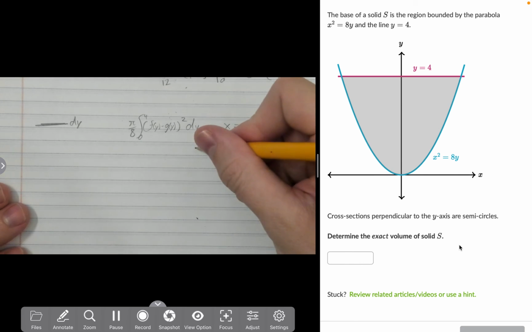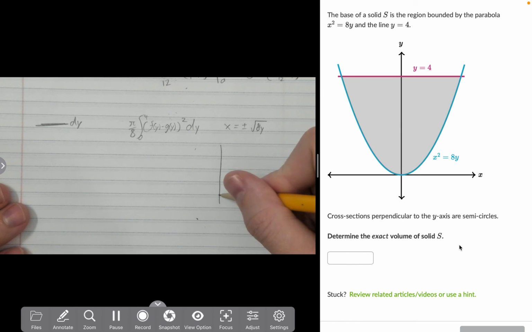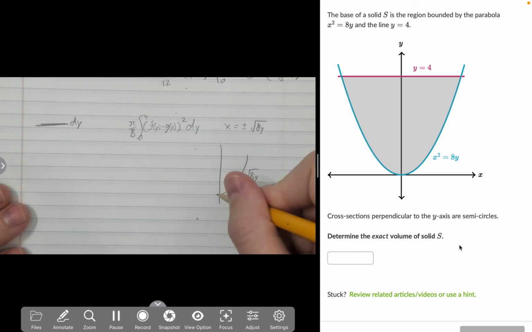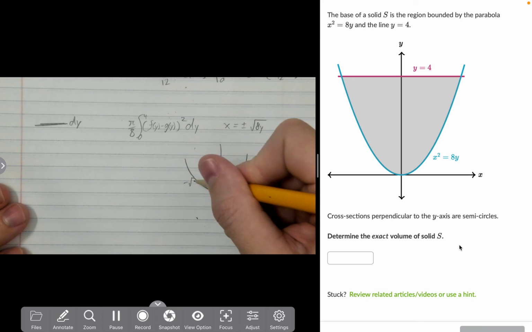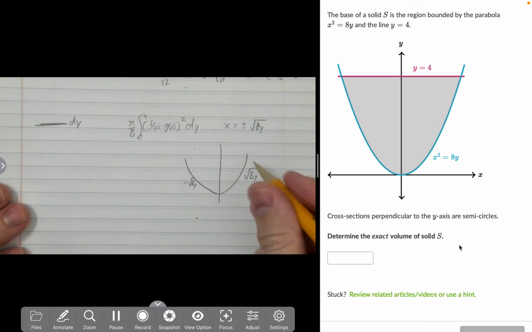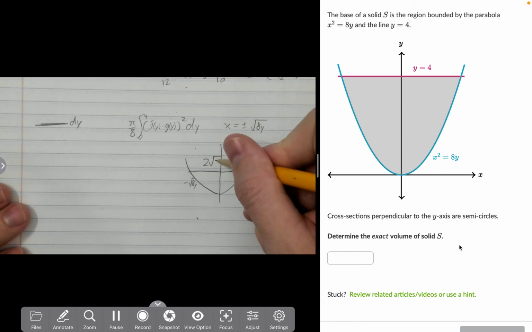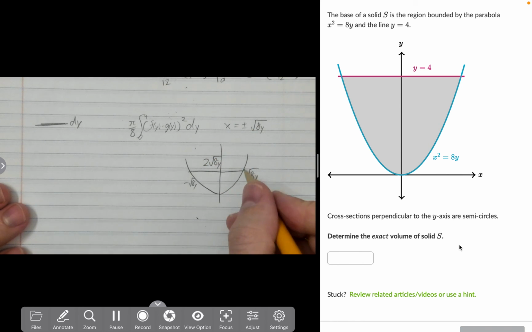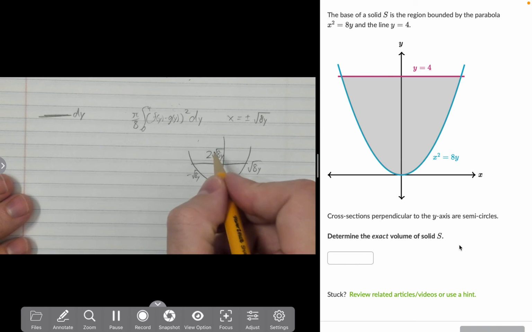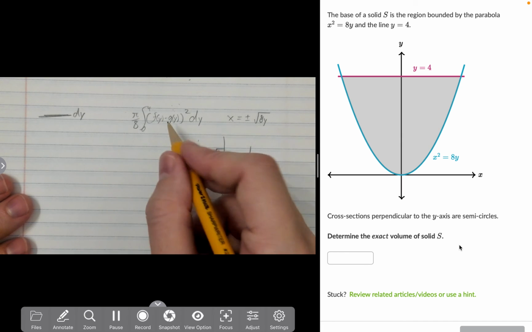And so again, that means what we really have is two functions, the positive root of 8y and the negative root of 8y. And so the distance between those two will be simply 2 square root 8y, because it will be the positive minus the negative, which will just end up adding. Okay, so that means 2 root 8y is what goes inside of here.